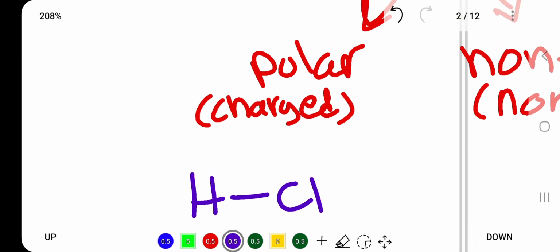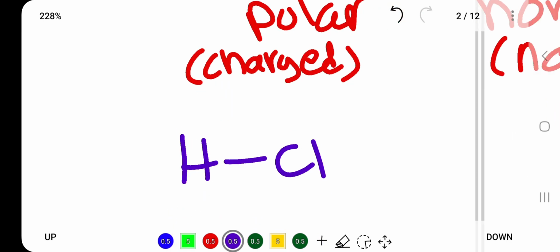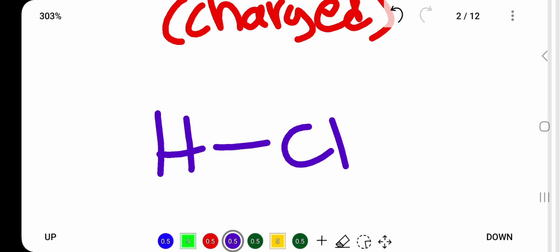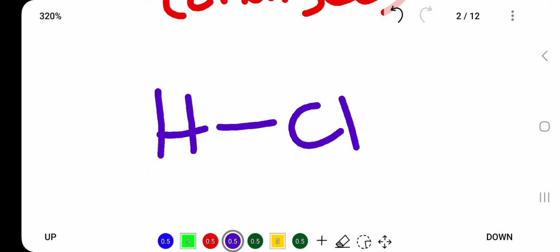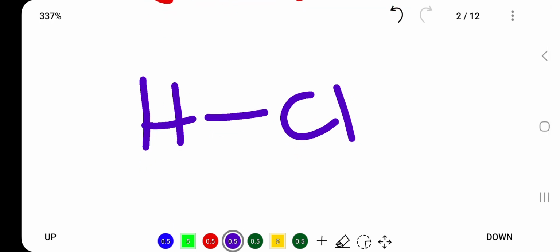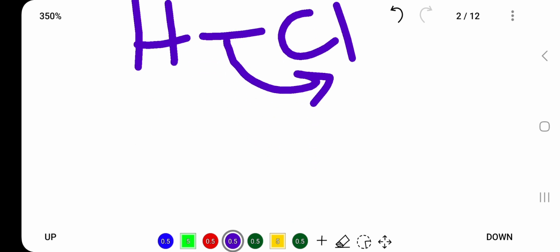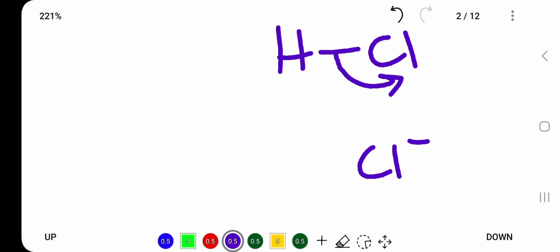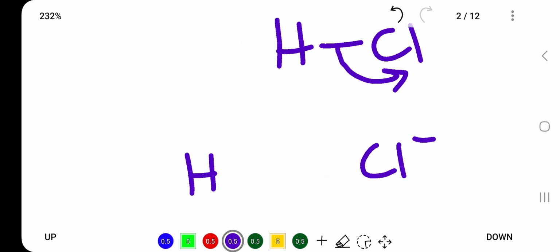When there's a polar, as I said, there are oppositely charged ions, right? Or charges, you could say. How that the Cl is more electronegative than hydrogen. So it will attract the electron pair to give Cl minus and the H plus.